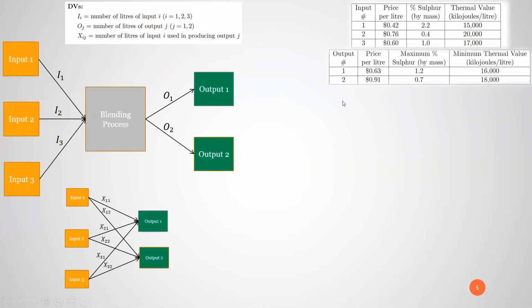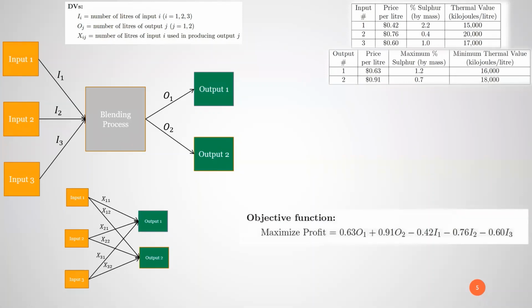So first, let's see what my objective function should be. Well, I have the selling price and the buying price, so it is logical to focus on a profit type objective function. We are willing to maximize our profit, and for that purpose we should have the costs and the benefits.